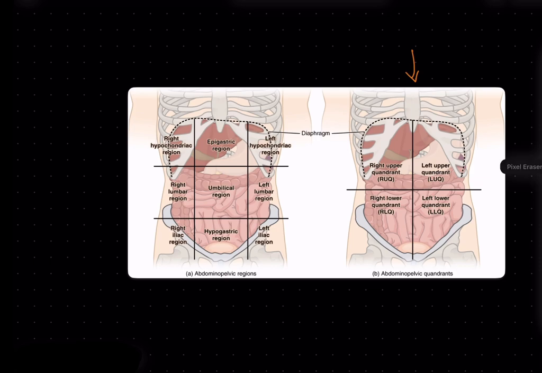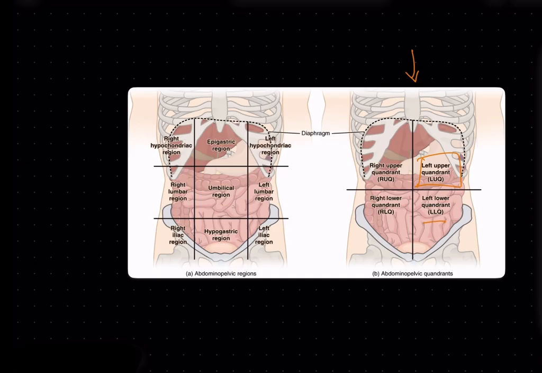Likewise, in the left upper quadrant, you have most of your stomach, the left lobe of your liver, the left kidney, portions of the large intestine, etc.